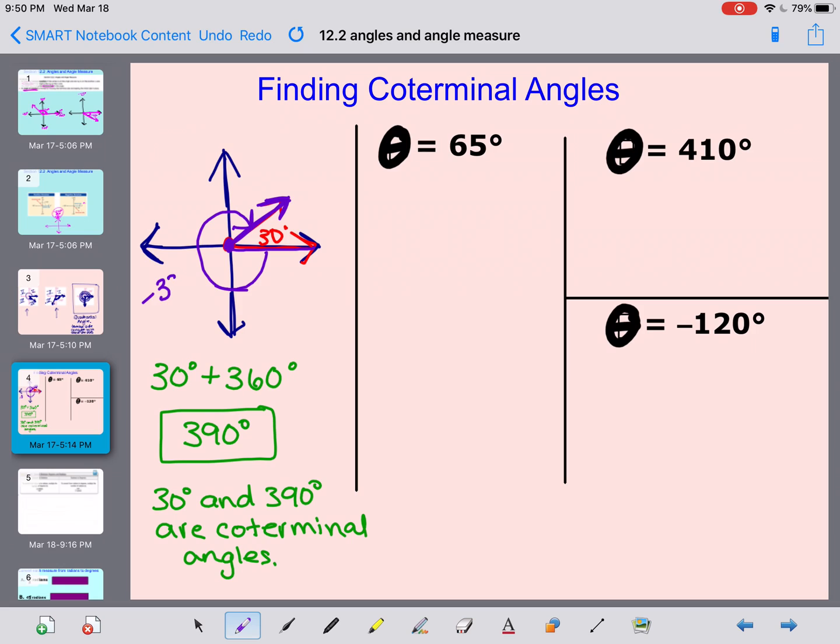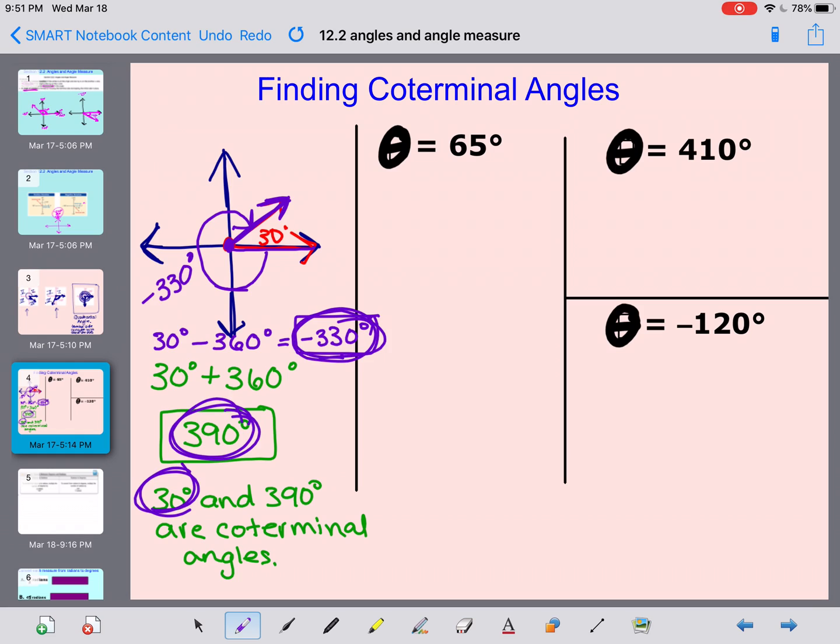Negative 330 degrees, right? Mathematically, how do we get that? It would be 30, but then we go 360 in the other direction, and that gets us negative 330 degrees. So negative 330, 390, and 30, all three of these angles are what we consider coterminal, right?